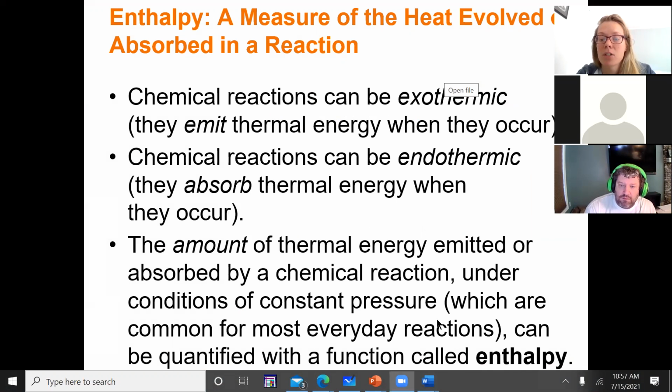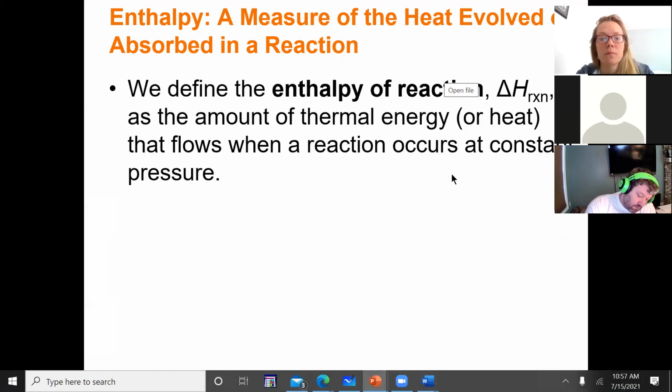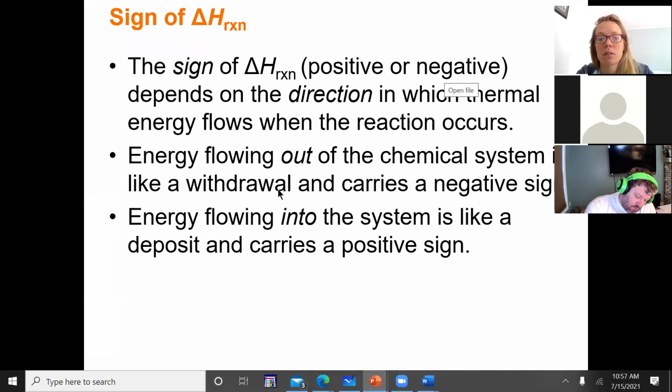The amount of thermal energy emitted or absorbed by a given chemical reaction under constant pressure conditions, which we will consider that everything we're dealing with is under constant pressure, can be quantified with a function called enthalpy. We define enthalpy of a reaction, or delta H of reaction, as the amount of thermal energy or heat that flows when a reaction occurs at a constant pressure.